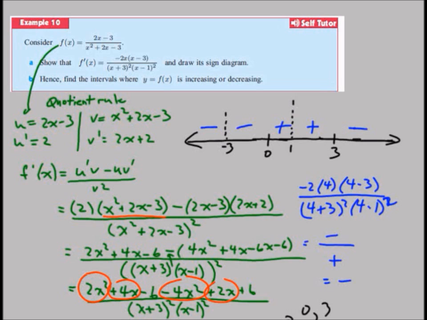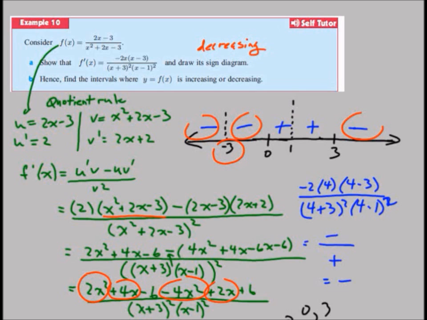So therefore, when we're stating where this function is decreasing, we have to list this section separate from this section. And of course, this section over here is also separate. But because this asymptote is here, we cannot lump these two intervals together.